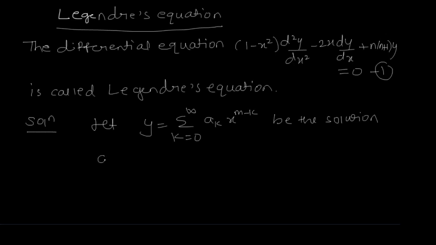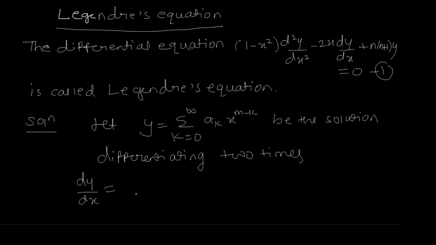Differentiating 2 times. When we differentiate the first time, we get dy by dx equal to summation k equal to 0 to infinity, as it is, then (m minus k) a_k x to the power m minus k minus 1. a_k is constant, and x raised to n differentiates to n into x raised to n minus 1.